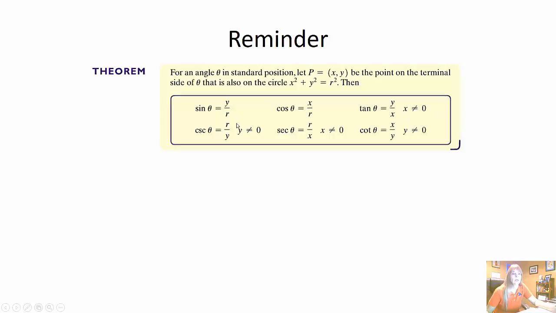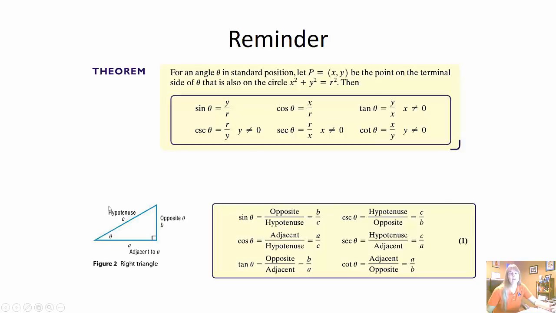As we've known, sine is y over r, cosine is x over r, and so on. But what we call these now, looking at our right triangle, is this: all of this is dependent on this angle.